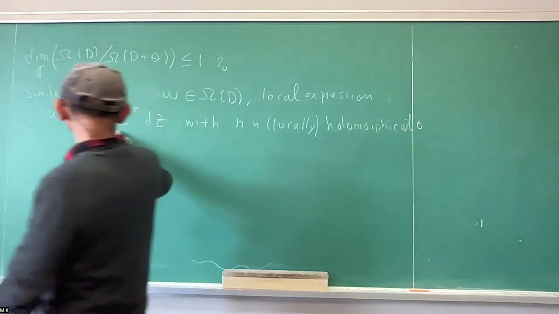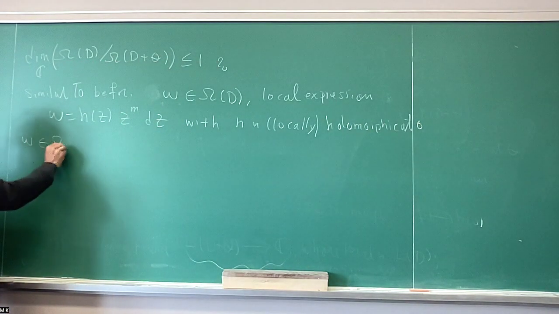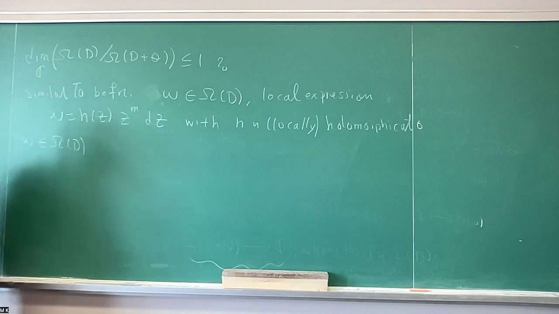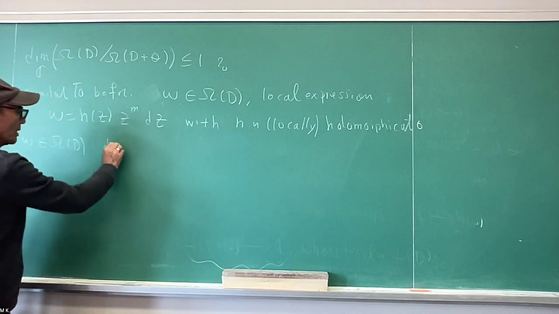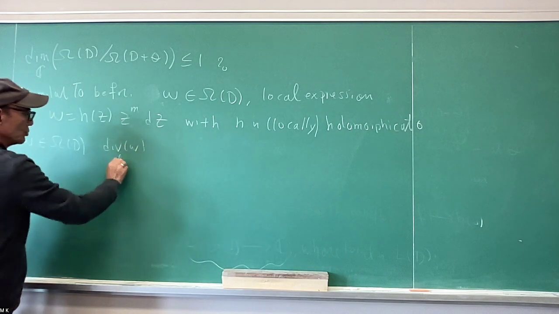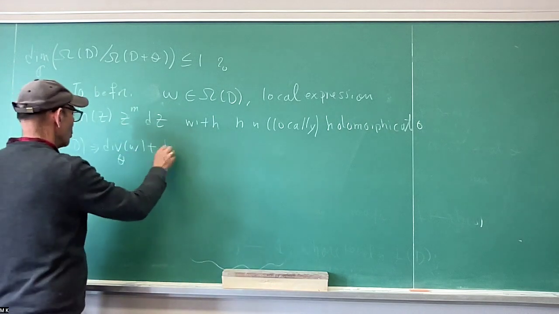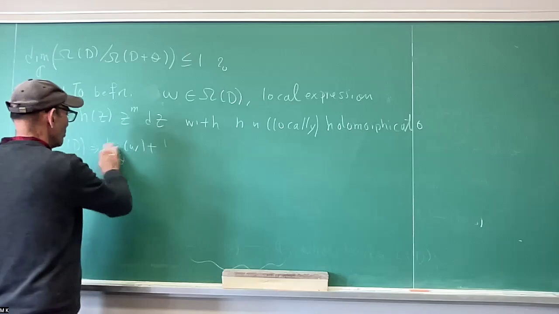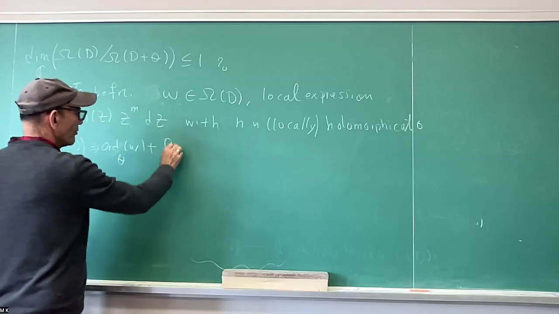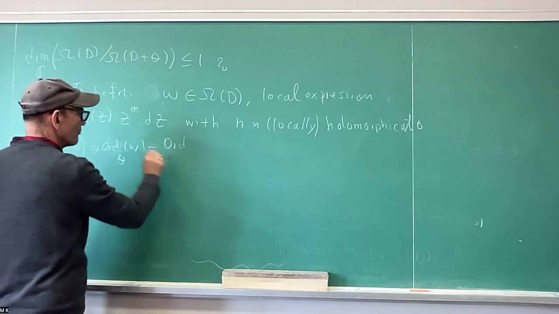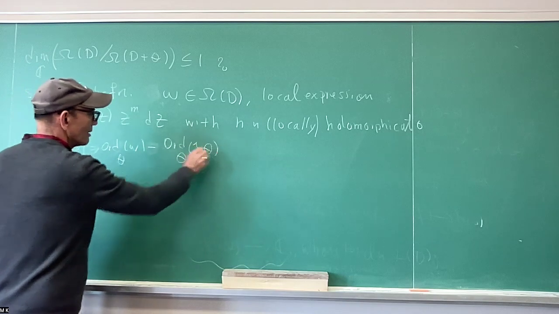I mean, this comes from the fact that, okay, what does omega belonging to omega d mean? It just means that the divisor of omega at q, for example, plus the order of omega at q, plus the order of q at q, right?